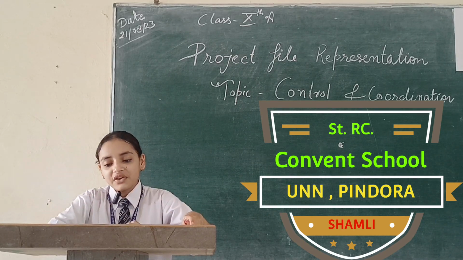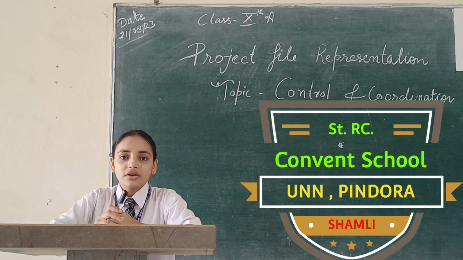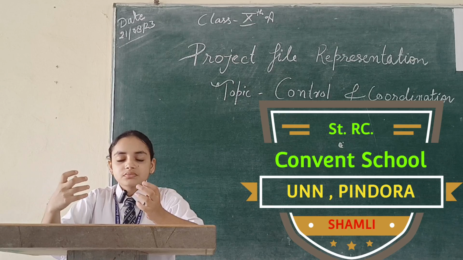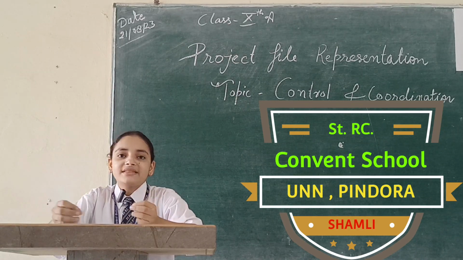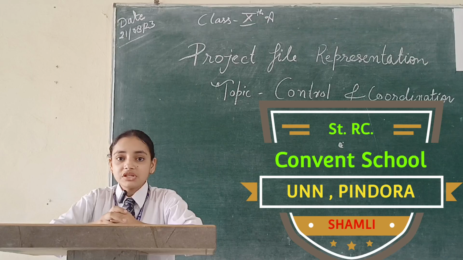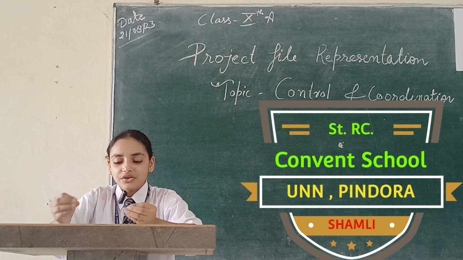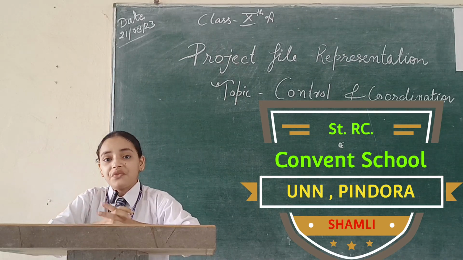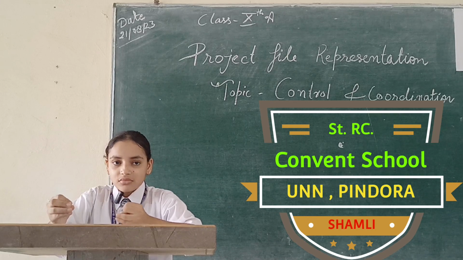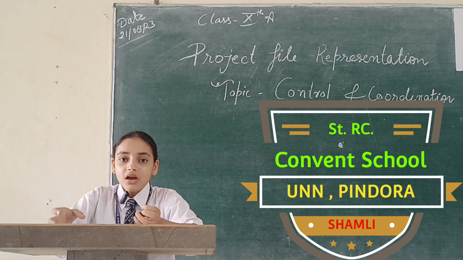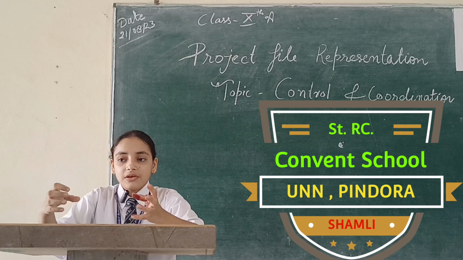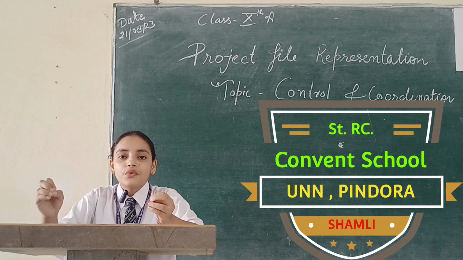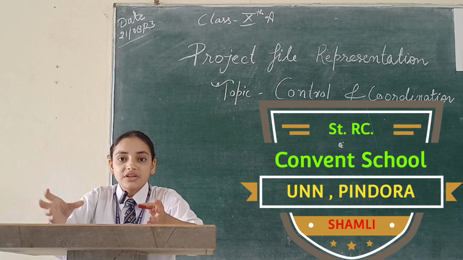Next is involuntary action. Involuntary actions are not under our control. They are controlled by the spinal cord. For example, digestion of food: we can't stop the digestion of food, and if our food is not digested in our stomach, then we die.